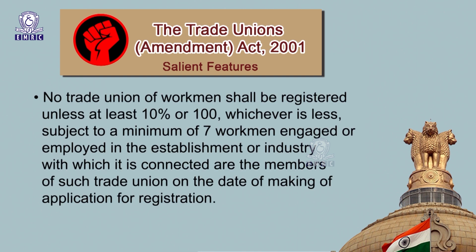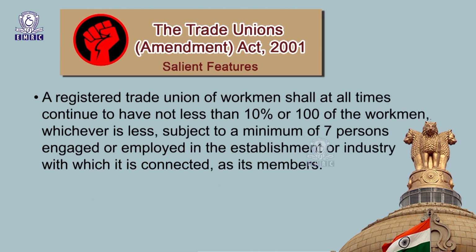No trade union of workmen shall be registered unless at least 10% or 100, whichever is less, subject to a minimum of 7 workmen engaged or employed in the establishment or industry with which it is connected, are members of such trade union on the date of making the application for registration.